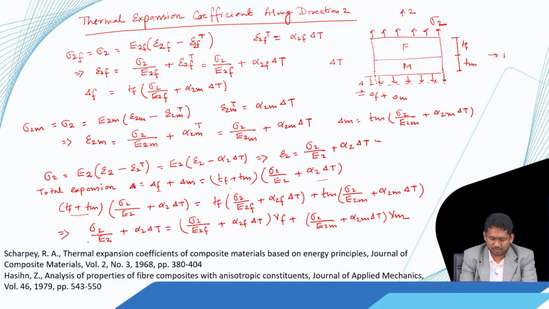Now, we can look at these quantities. This quantity is equal to this quantity plus this quantity. So, we separate that term out because this is equal to this plus this.